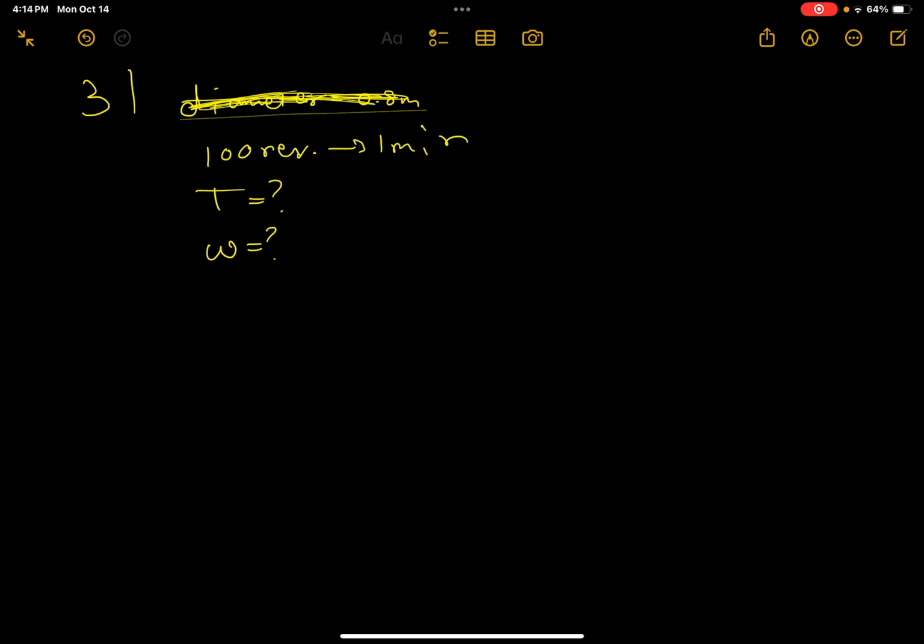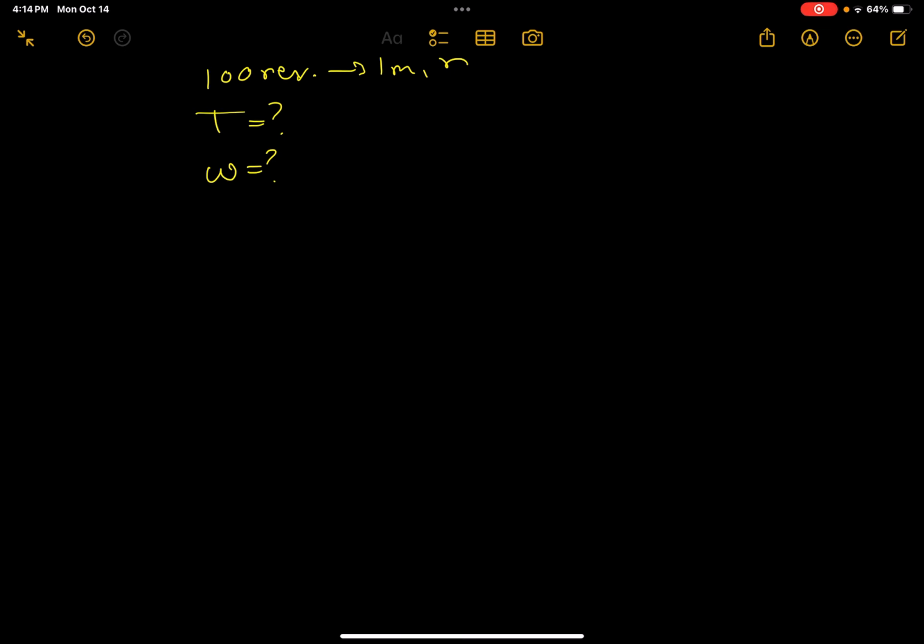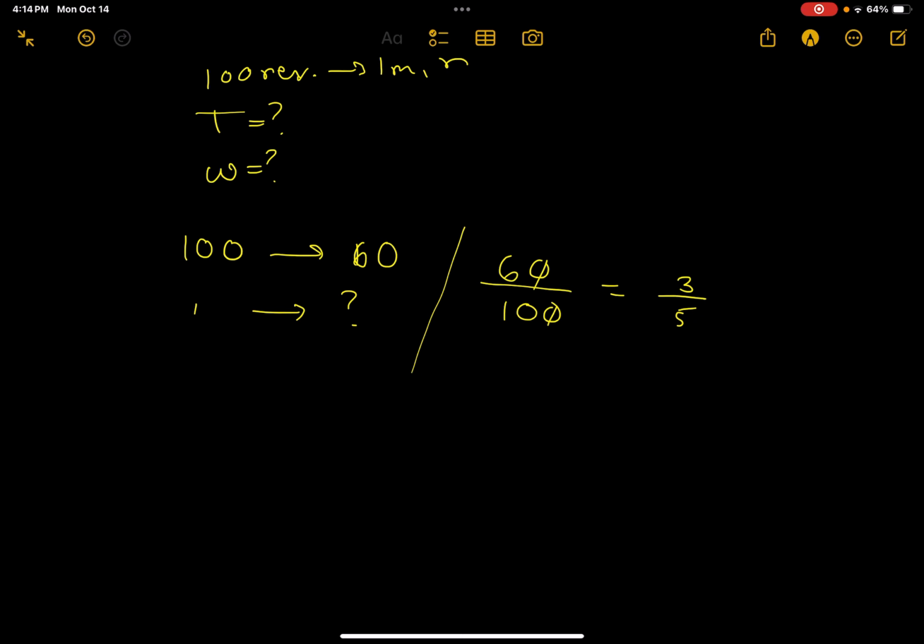It's saying that it completes 100 revolutions in 1 minute or 60 seconds. So in how many seconds does it complete one revolution? That means 60 upon 100, which is equal to 3 by 5, so in 0.6 seconds it completes one revolution.